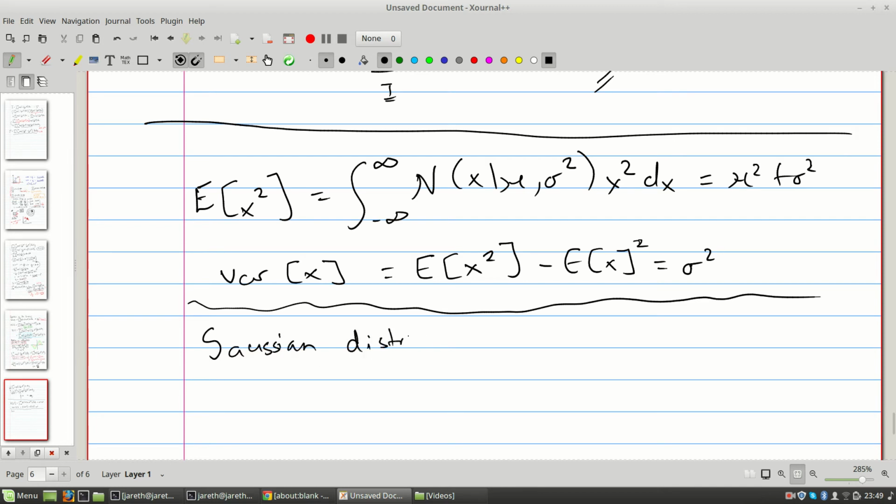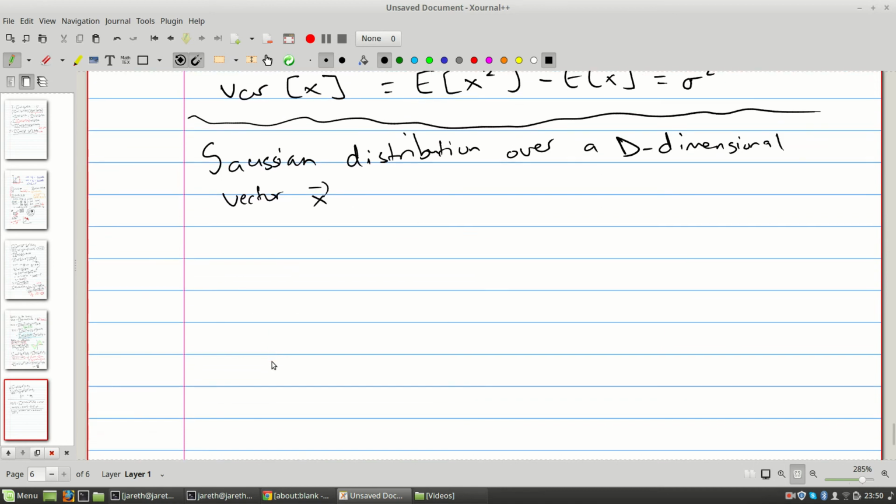So let's look at the Gaussian distribution over a d-dimensional vector x. So we have our d-dimensional vector x, and we want to define a distribution over this.